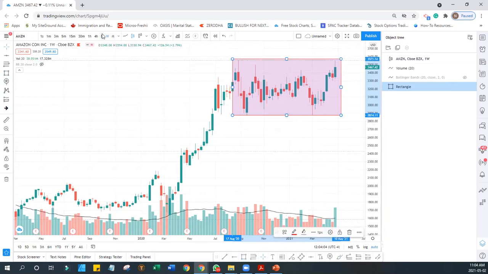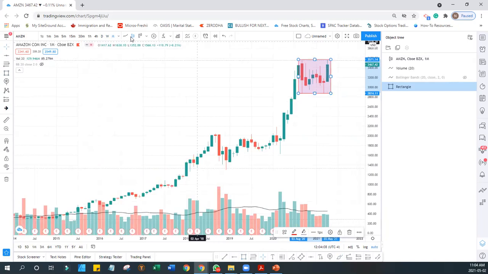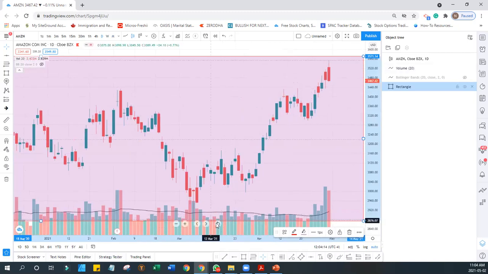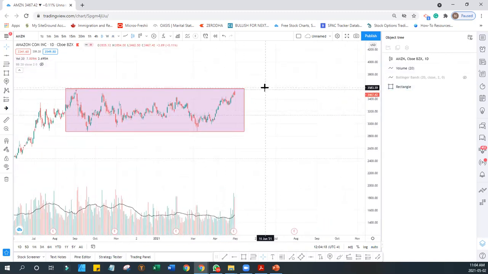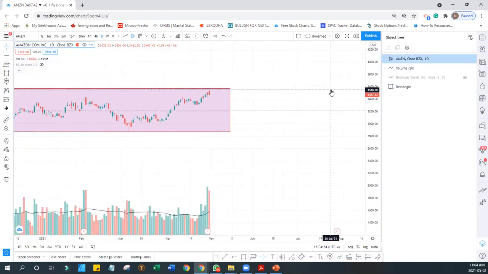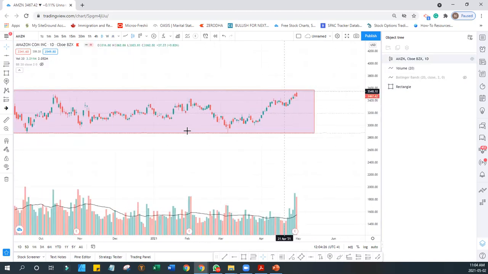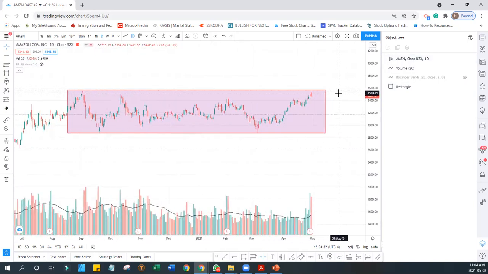On a monthly basis it is also consolidating. On a daily time frame, it has to break this level, which was the previous high, about 3600. It fell after that, because whoever bought here wants to get out, they don't want to hold.